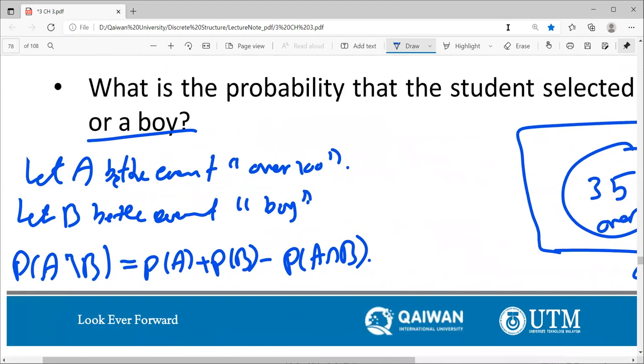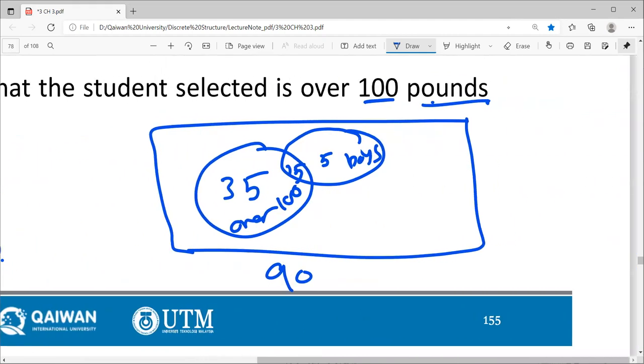We should find the probability of over 100 and boy, and their intersection also. As you see here, their intersection is 15. The probability of over 100 is 35 over 90.